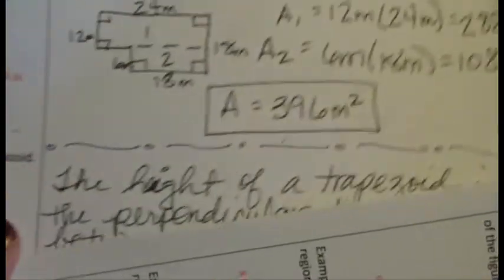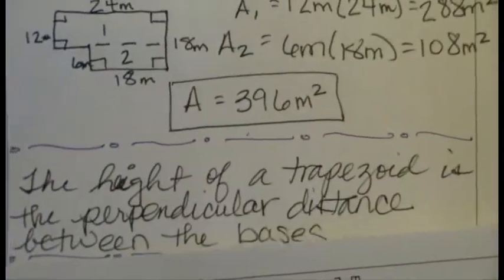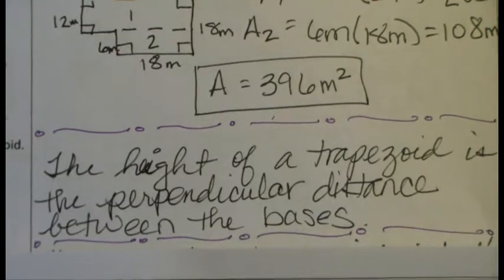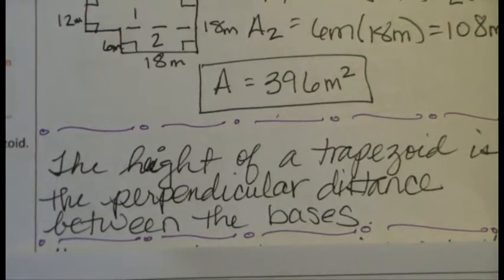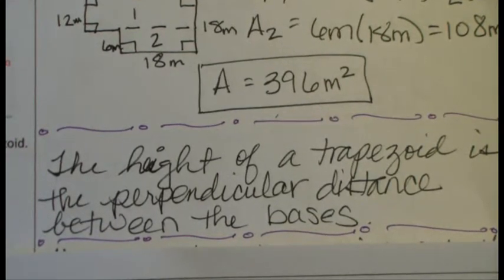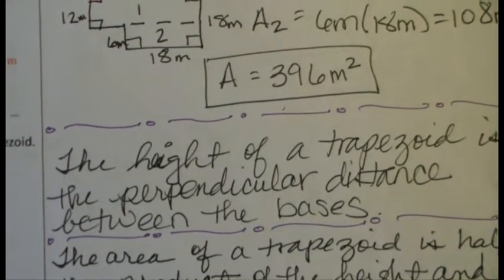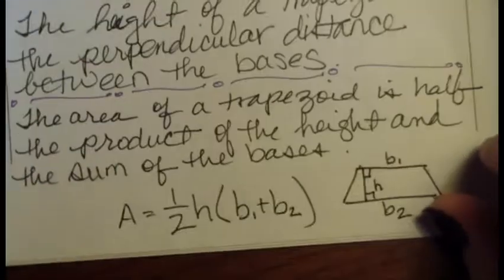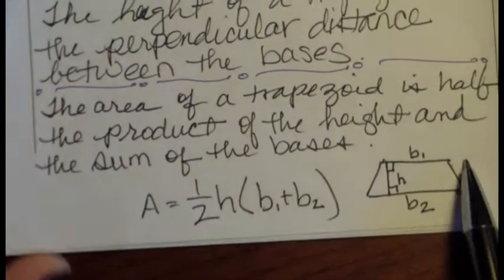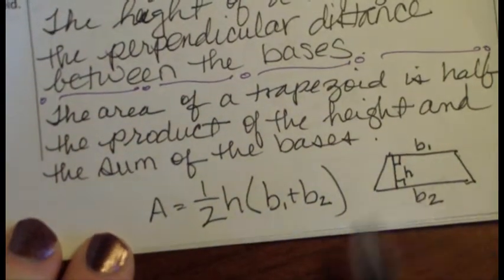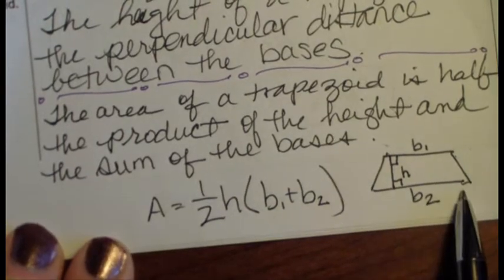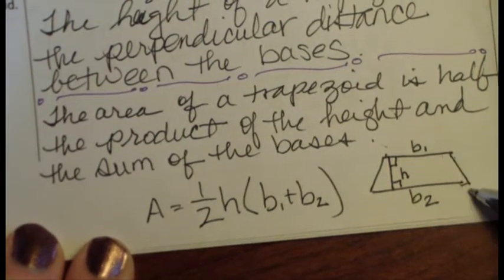All right, height of a trapezoid. The height of a trapezoid is the perpendicular distance between the bases. And so to find the area of a trapezoid, I've got a little trapezoid drawn here. A trapezoid has a pair of parallel lines, and then these lines here are not parallel.